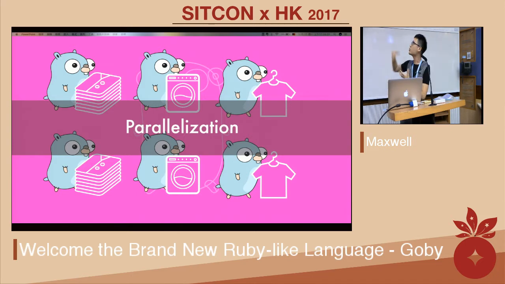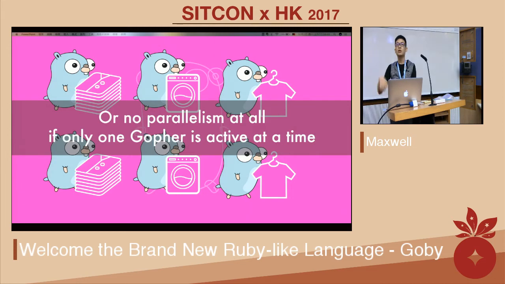If these 2 rows of gophers do the same thing at the same time, which means 2 gophers dry the clothes at the same time, not just switching the work between them, this is parallel. But as I mentioned before, it can also be not parallel at all. Why? Because if only one gopher moves at a time, then this design pattern is still concurrent.